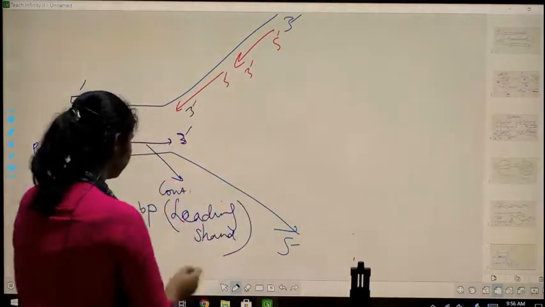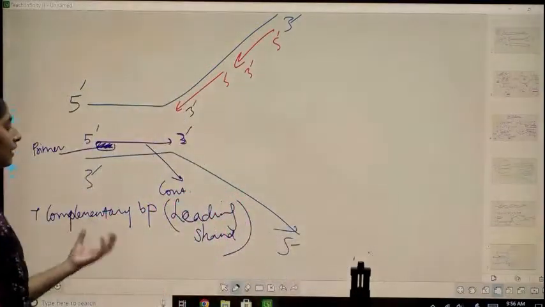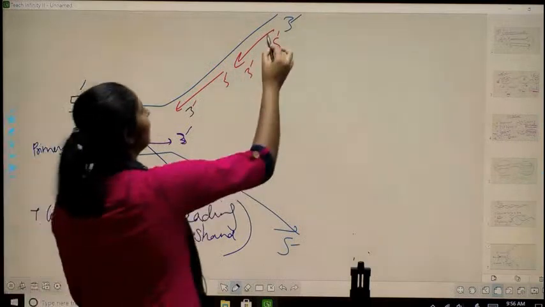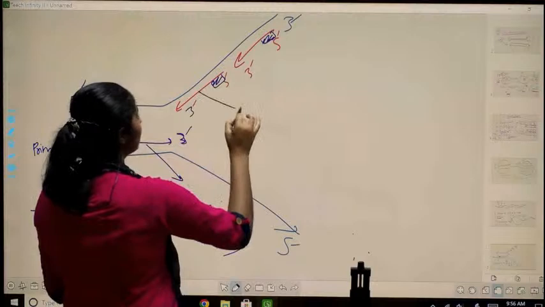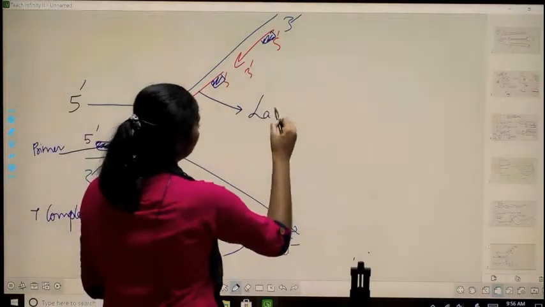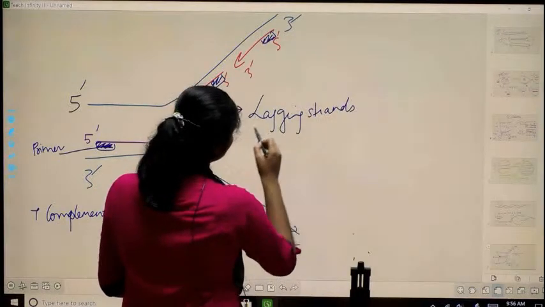In case of the leading strand, we require just one primer, whereas in the lagging strand we require multiple primers. These fragments of the lagging strand are also known as Okazaki fragments.